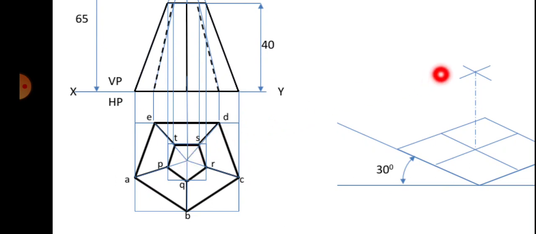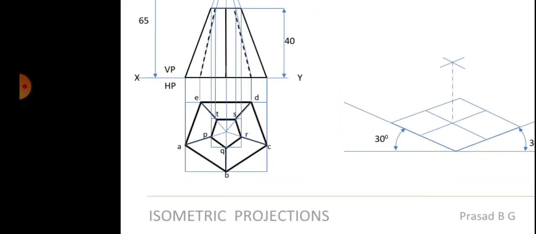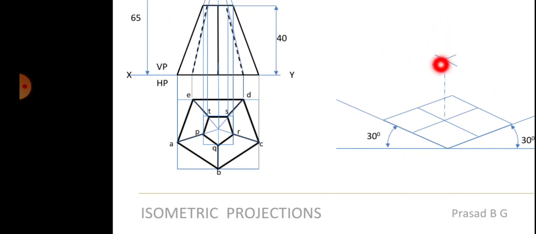I made a box around here inside PQRST. Now I have the center point here. Let me measure the distance from here to Q, and from this center to this midpoint. The same distance I will place over here.